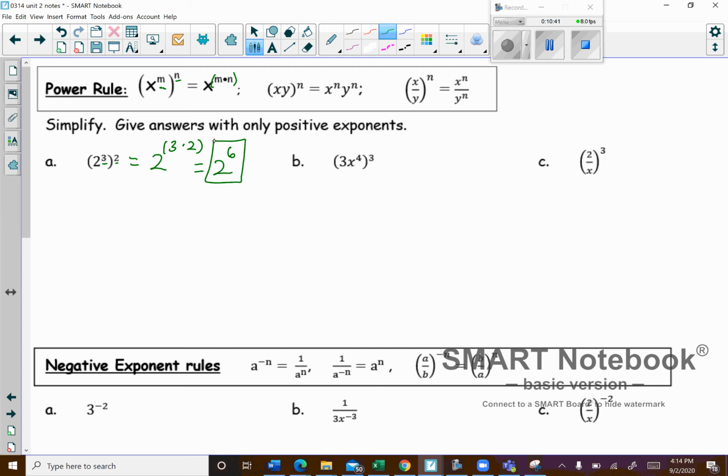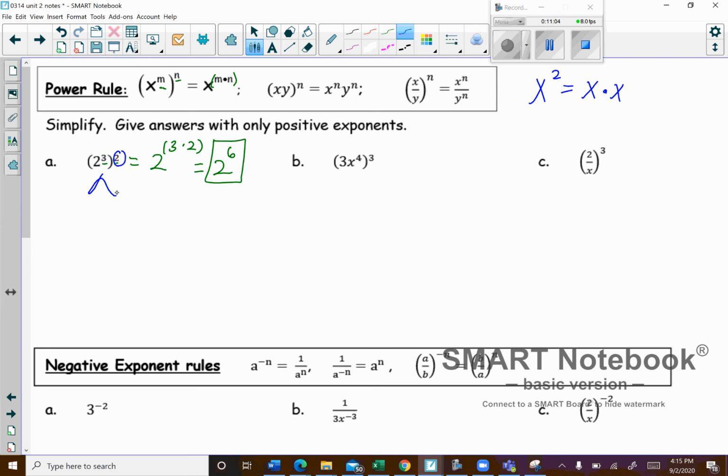Like I said, you could multiply it out if you like, but right now we're focusing on learning the power rule. Going back to the product rule, if you remember, x squared is the same thing as x times x. So look, I'm squaring 2 to the power of 3.